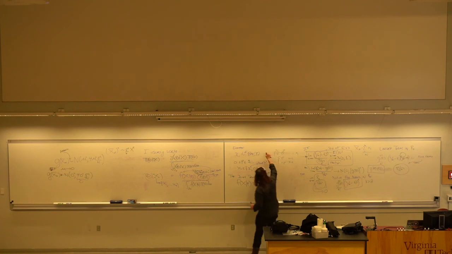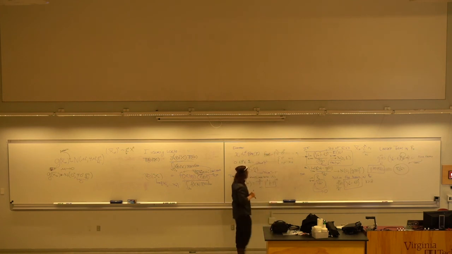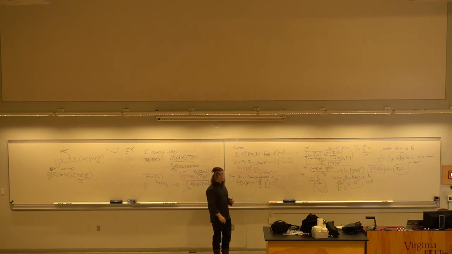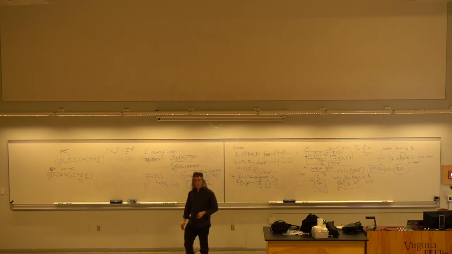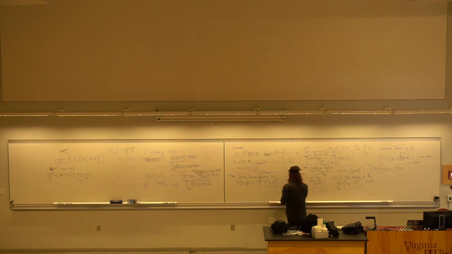So this f of x given p is a sampling distribution. How do I get the joint in an IID case? I just product it together. I multiply those probabilities into each other. The likelihood function looks like this.